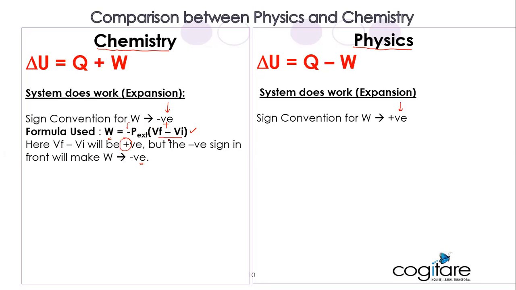Because this is W. If you want to do minus of W, it will be minus of minus P external into delta V. This minus I have put here. Just W is inside. Then this delta V I am analyzing is positive.